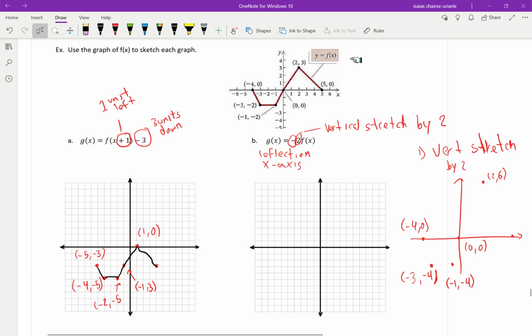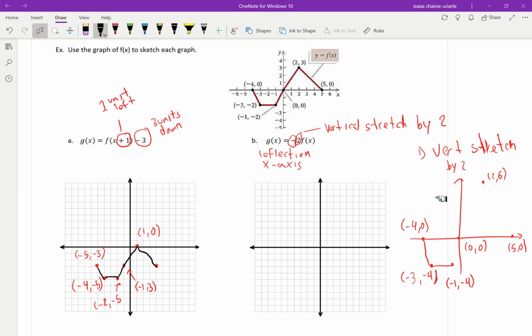Well, that's still going to be 5, 0. So hopefully you agree on how I got these points. All I did was multiply the y coordinate by 2. So 0 times 2 is 0, and negative 2 times 2 is negative 4, etc. So this is what my graph looks like.